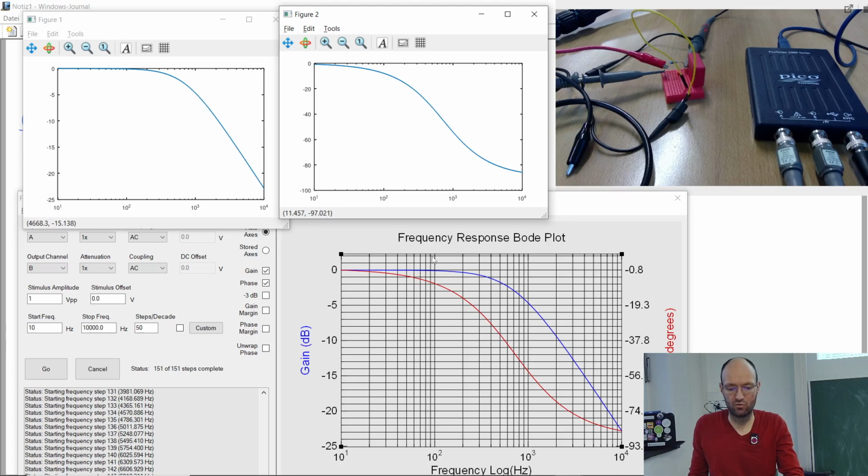So this is the magnitude, this is what here is the blue curve, this is the angle, this is what in the lower plot is the red curve. And we see a very nice agreement, from my point of view, between the theoretical, calculated transfer function and the real measured transfer function of this filter.